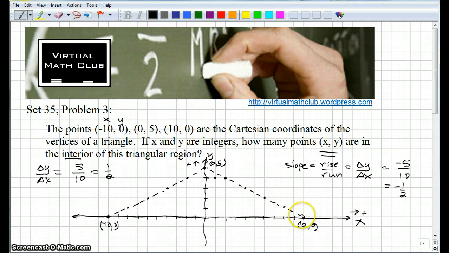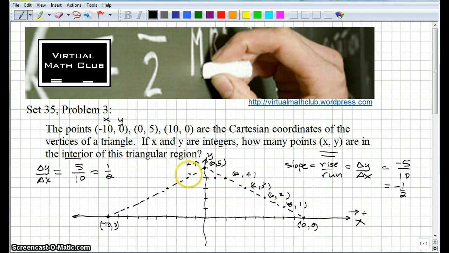When you go down 1 and over 2, that's going to put you at 2, 4, and then down 1 and over 2 puts you at 4, 3, and down 1 and over 2 is 6, 2, then 8, 1, and finally 10, 0.